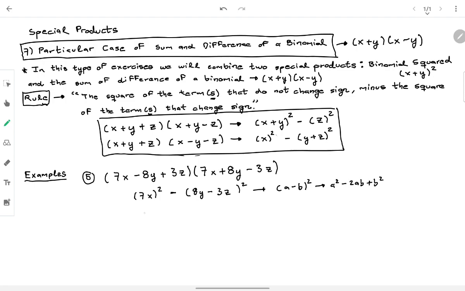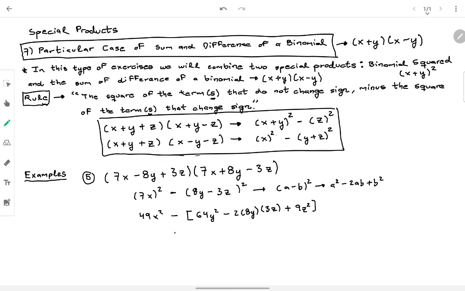So the final answer is going to be 49x squared minus, I will put a bracket, 64y squared. It will be minus 2 that multiplies 8y that multiplies 3c plus 3c squared. So it's going to be 9c squared.